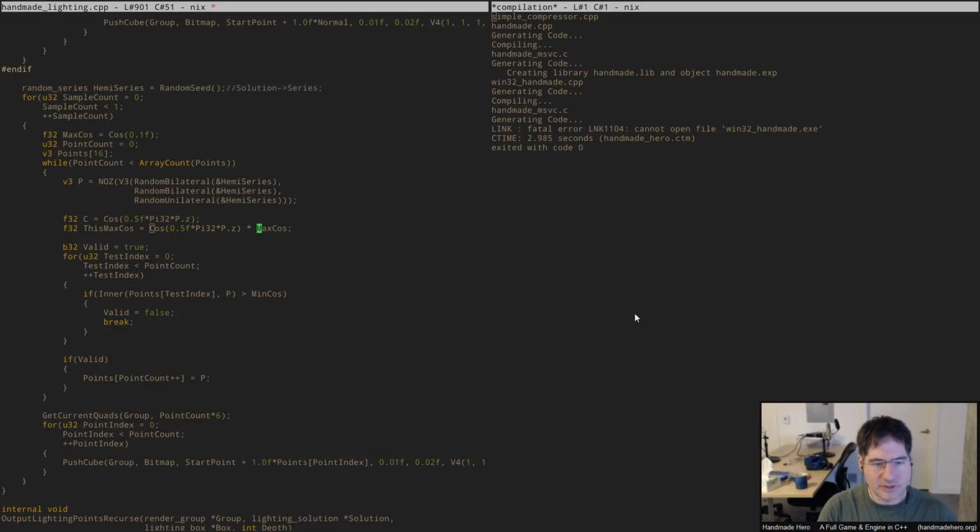So instead, we're going to be doing something like 1.0f minus the c value. So in this case, if the c value is like 0, we're pointing straight up. Is that right? No. PZ would be 1, and so that's going to be the full angle, so that would be 0, right? Our cosine value of pointing straight up would be 0.